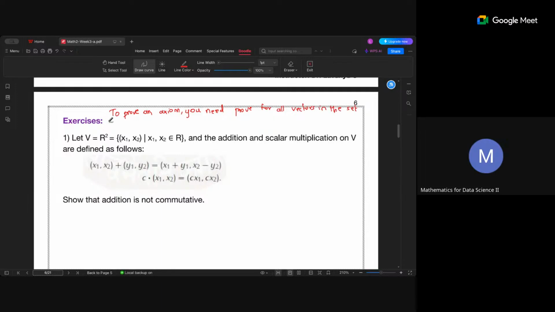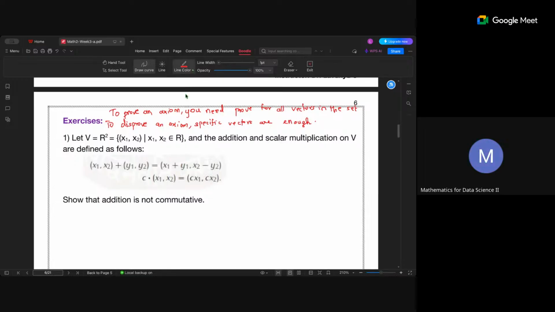But to disprove an axiom, specific vectors are enough. Do you understand what this statement means?